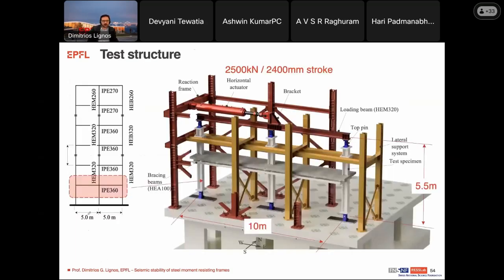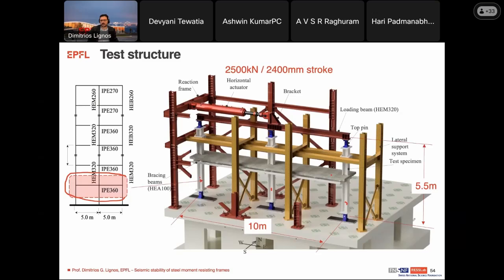The test structure was a 6-story building, but because of space limitations we tested only the bottom part that you see highlighted. The white frame is the 2-bay frame that we considered, with the slab, including the transverse beams that we had to support the beam laterally.